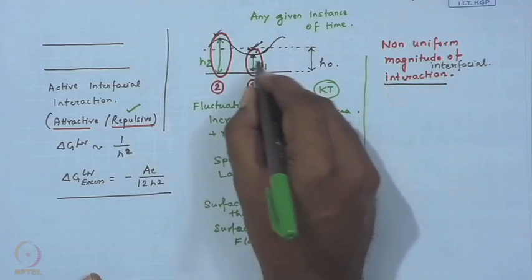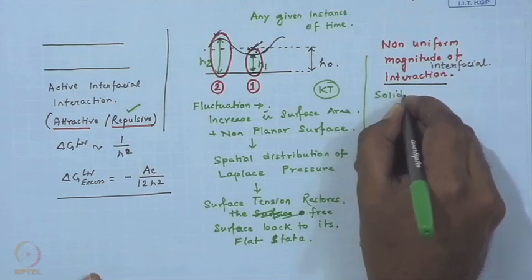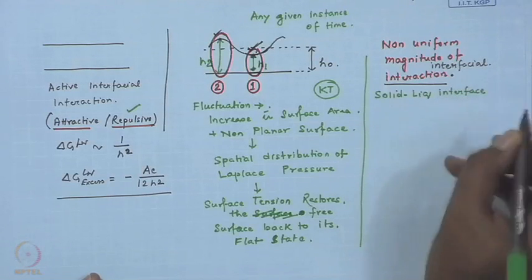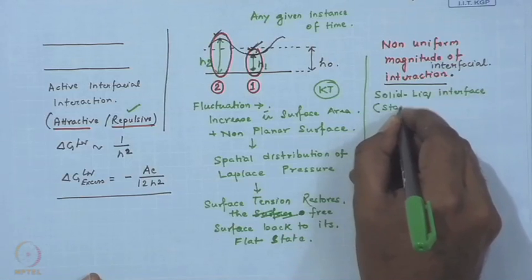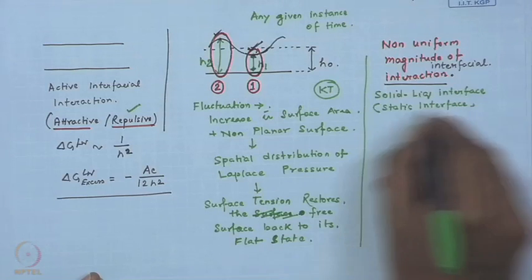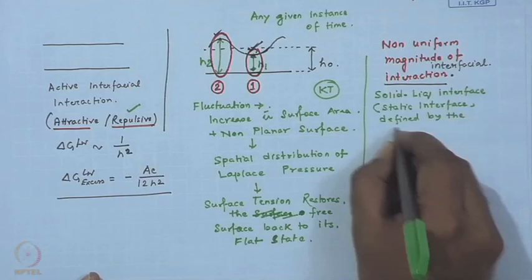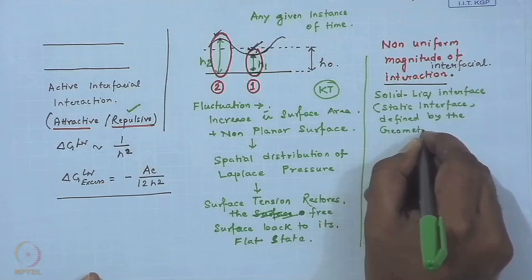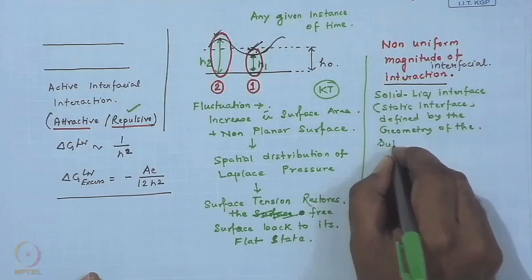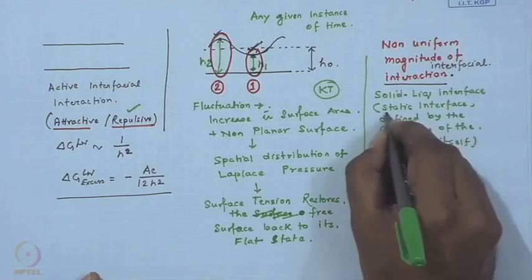So, if the interfacial interaction is now repulsive, what happens is that the repulsion is stronger over here as compared to this area. So, as if this solid liquid interface, which one needs to understand is a static interface defined by the geometry of the substrate itself, because the substrate is rigid. It is a static interface.